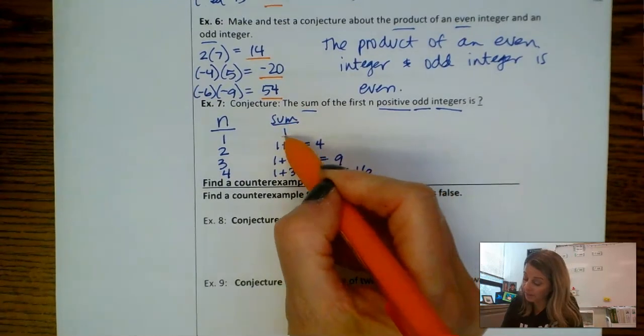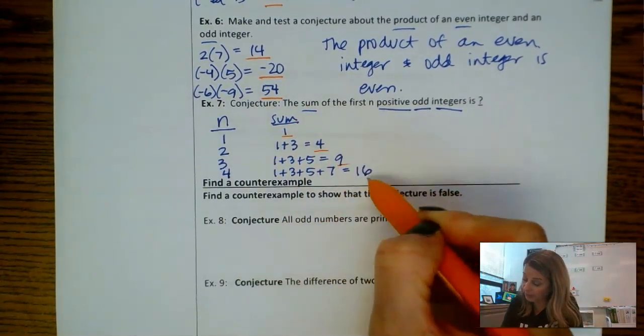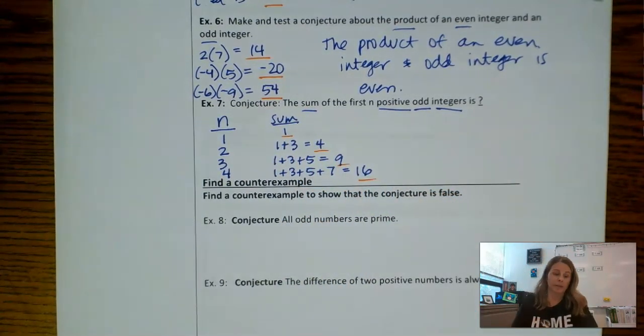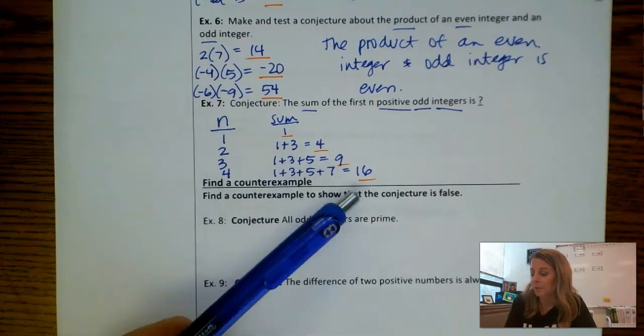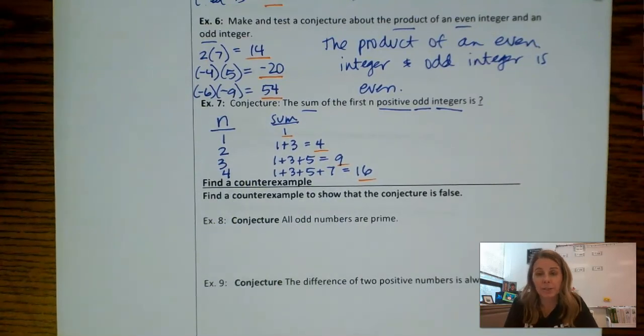All right, so we're looking at the number 1, the number 4, the number 9, the number 16. And there's kind of a pattern that I'm hoping jumps out at you. 1, 4, 9, and 16, those are perfect squares.